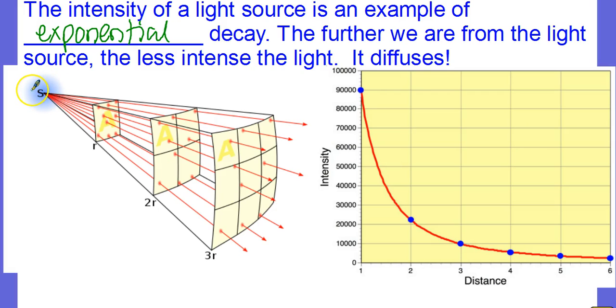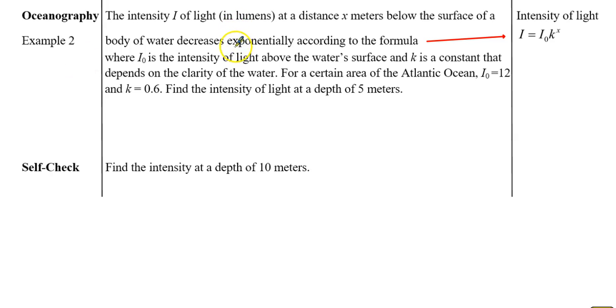If you were close to it, the light would be so intense you'd burn your corneas. But the further you get away, the rays of light, of course they travel as light waves, but still the waves travel in straight lines, and the further out they get, the further apart they get, and the more diffuse the light is. So we're going to study that, specifically how light travels through water. Here we have the problem.